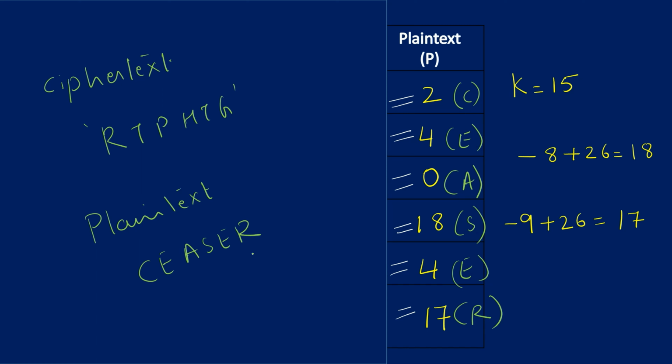So we have successfully decrypted. The formula that we used for encryption was modular addition, that is P plus K mod 26, and the formula that we used for decryption is modular subtraction, that is C minus K mod 26.